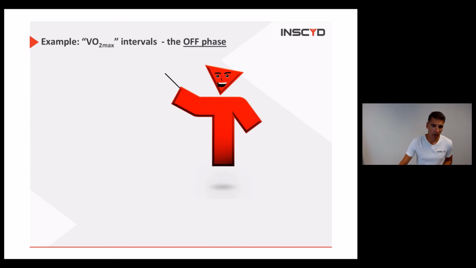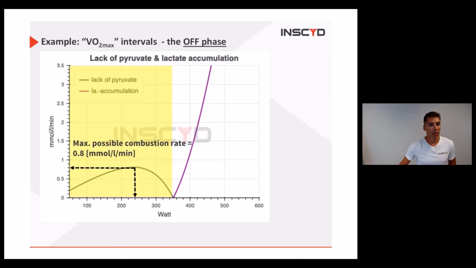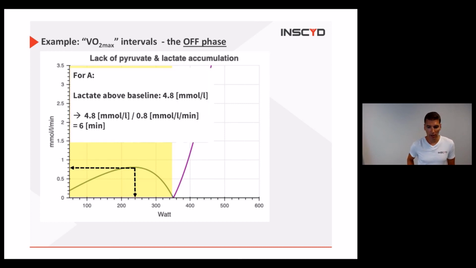So, okay, now let's go to the off phase. The maximum possible lactate combustion rate in this athlete is 0.8 at a power output of approximately 240 watts. So let's back calculate now for example A. Lactate will go above baseline by 4.8.